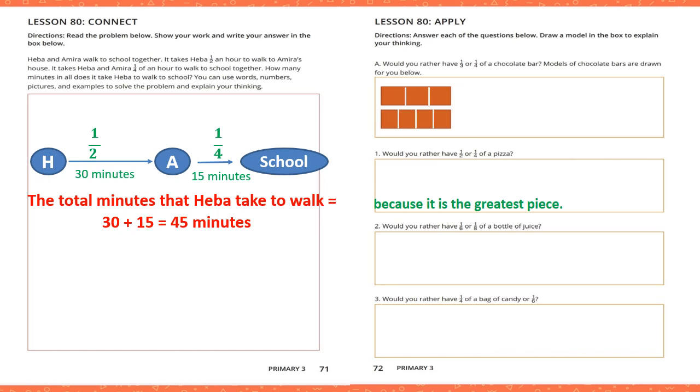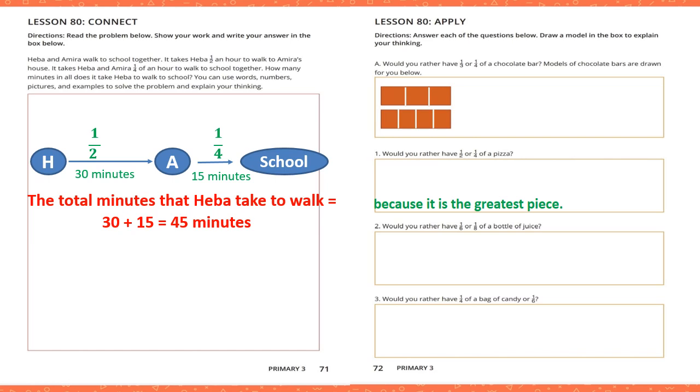We said before that a third is bigger, but they are crazy fractions. Crazy fractions mean the big is small and the small is big. We have the same numerator here, 1 and 1, so the greater denominator will be the smaller fraction, and the smaller denominator will be the bigger fraction.